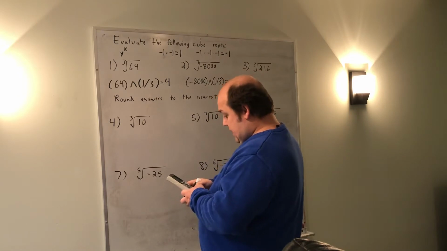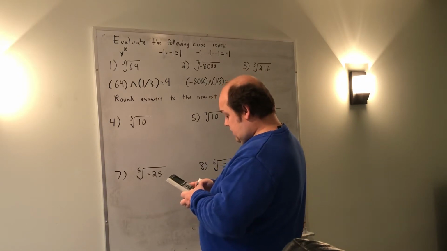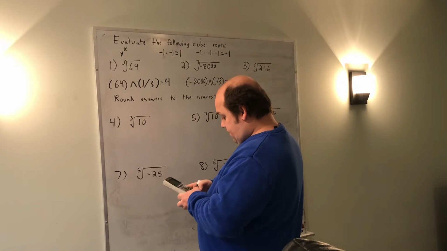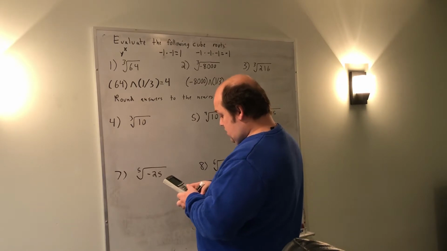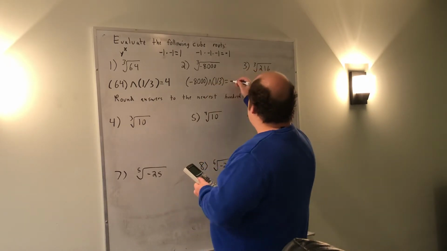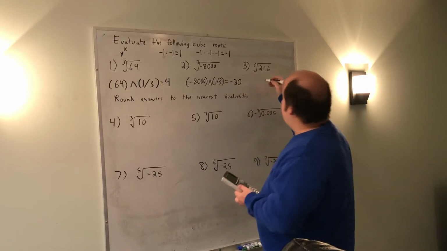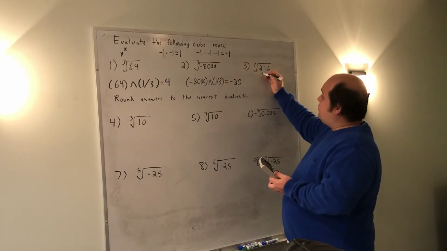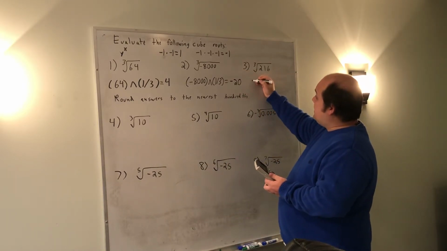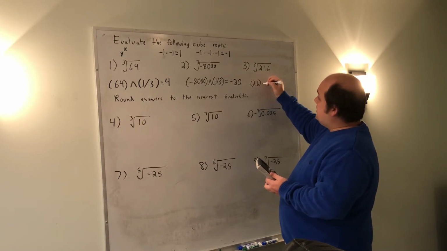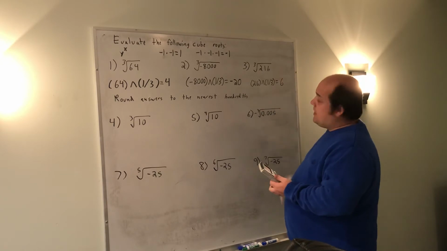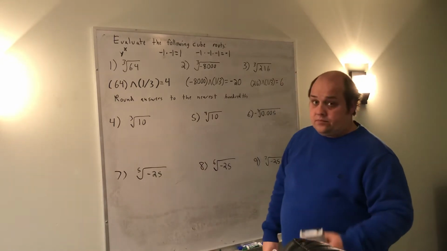When I put that in my calculator, it tells me the answer is -20. Finally, I'm going to find in this first row the cube root of 216. 216 to the power of 1 divided by 3. When I put that in, my calculator tells me 6.